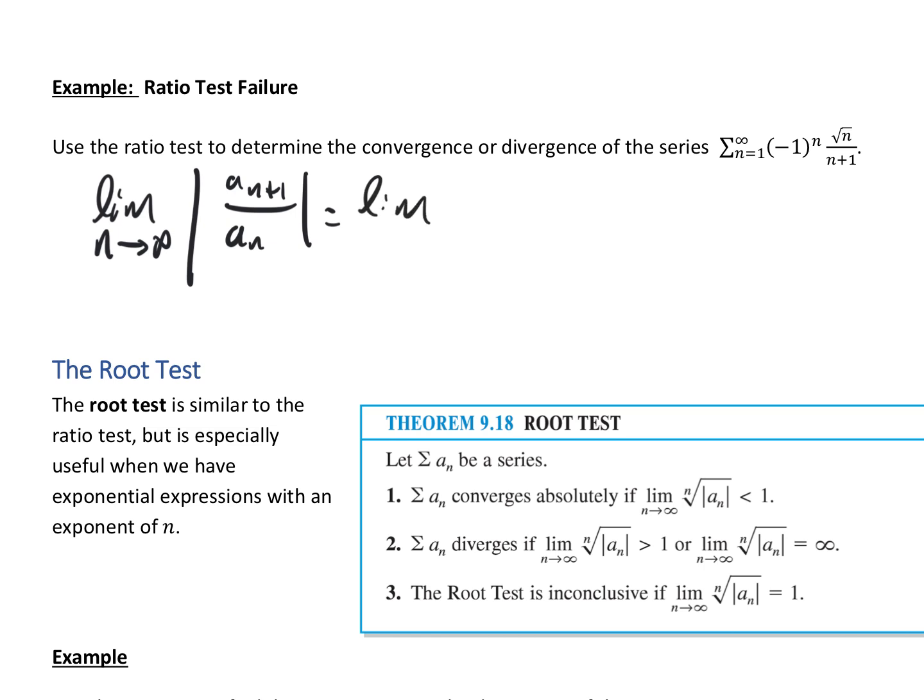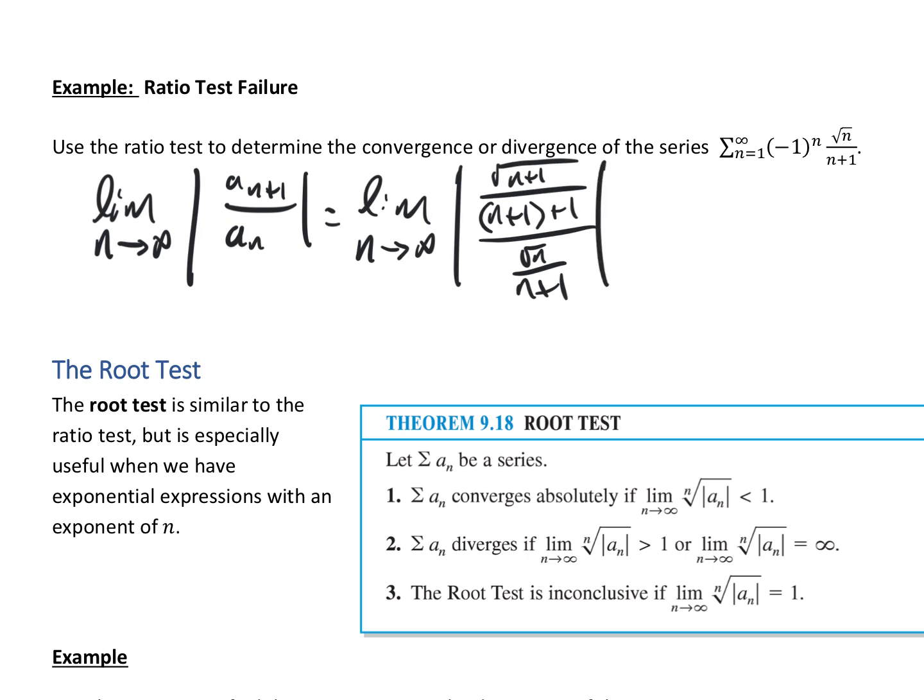So this is going to be the limit as n goes to infinity of the absolute value of the square root of n plus 1 all over n plus 1 plus 1, which is obviously n plus 2, divided by a sub n, which is the square root of n over n plus 1.